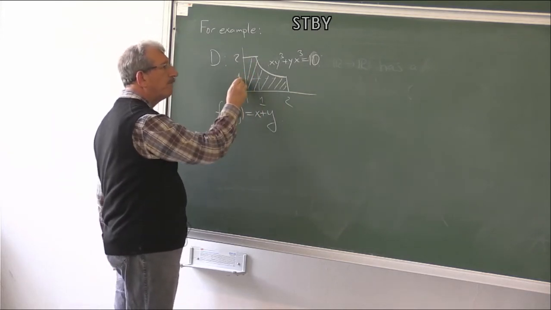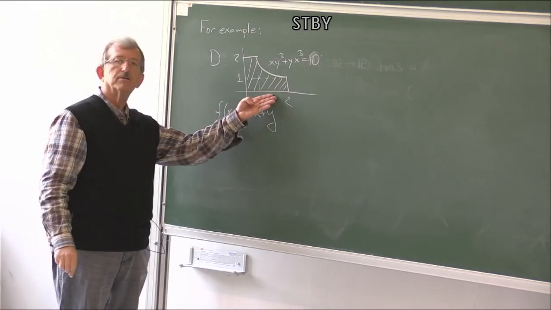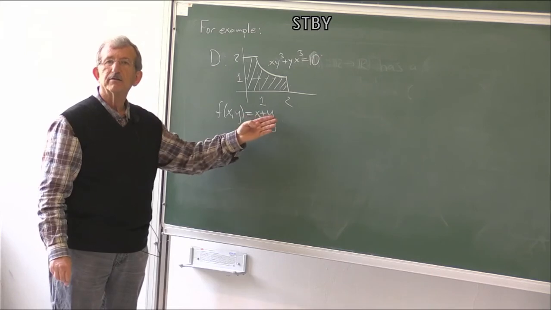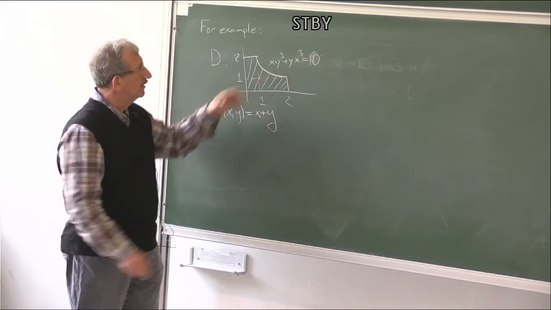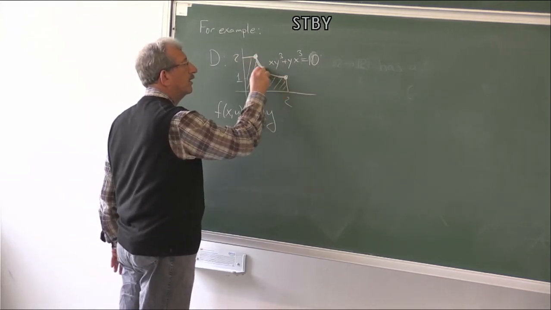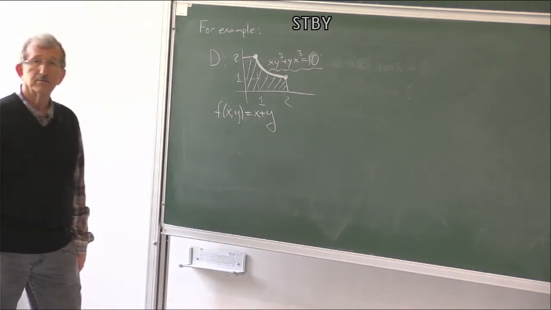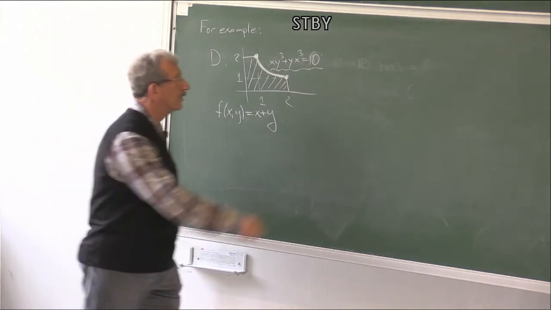But all of the 4 pieces are easy because there x or y is constant. Once you have it, you can easily get this done. Substitution is possible. But on this part of the boundary, which is given by this equation, we have some trouble. Substitution does not work. So what do we do?